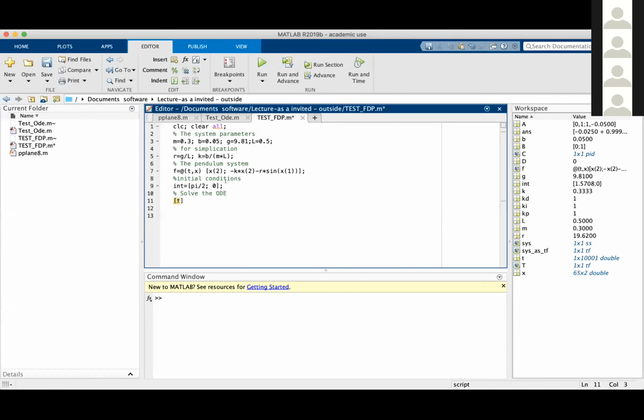So I have time and the state vector x equal to ode45 of f, and I'll put the time span 0 to 10 seconds, because I want to see my response from 0 to 10 seconds, and the initial condition.